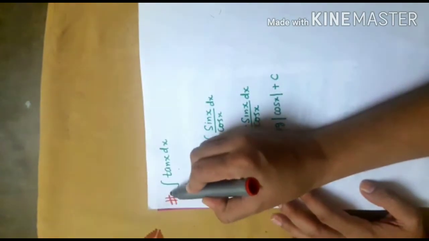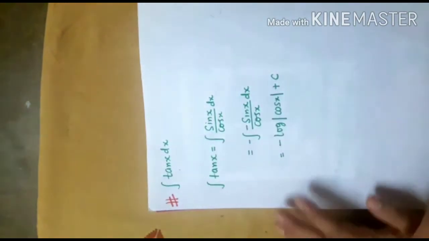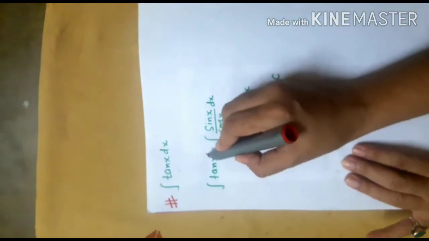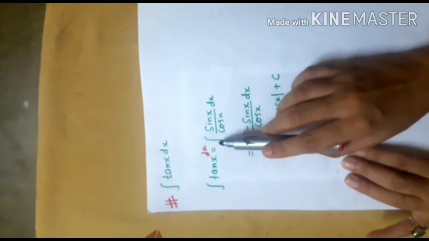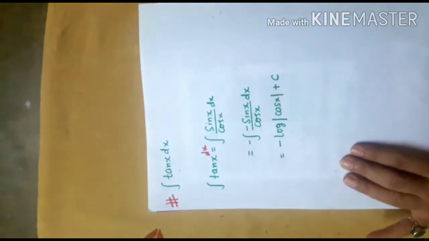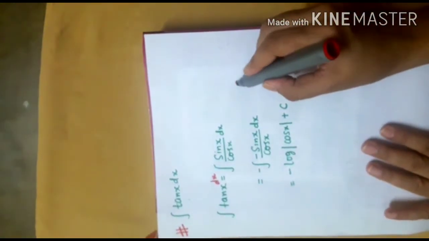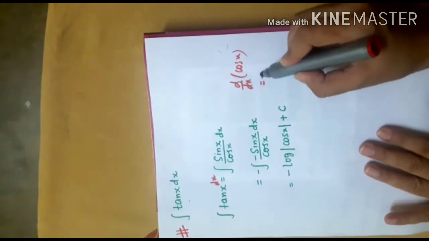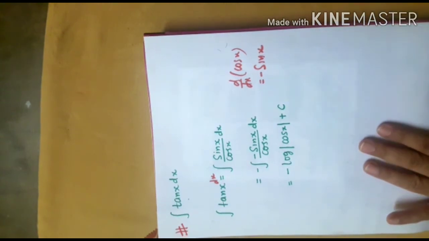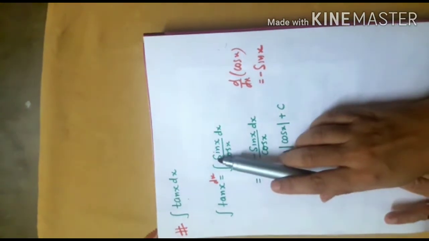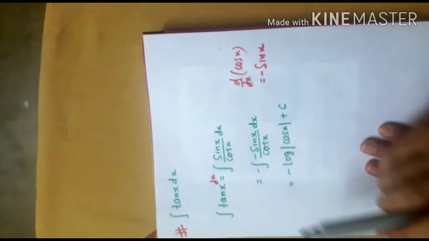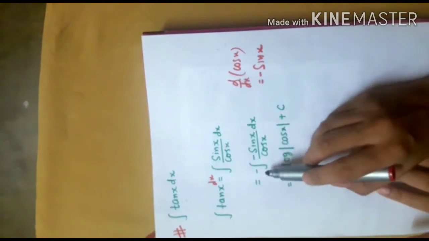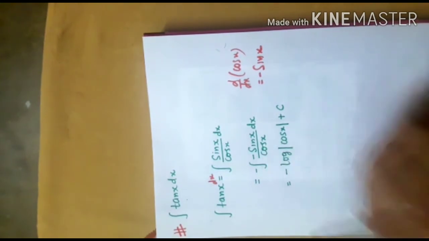Now let us compute the integral tan x dx. Yes, integral tan x dx can be written as integral sin x over cos x. Now if I ask you what is the derivative of cos x? It is negative sin x. Here I have only sin x, and the derivative of cos x is minus sin x. So what I do is multiply and divide with negative 1.